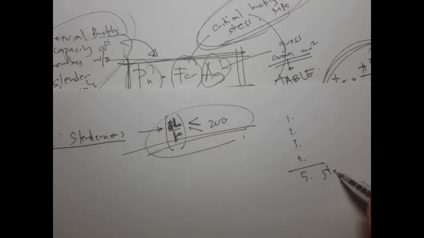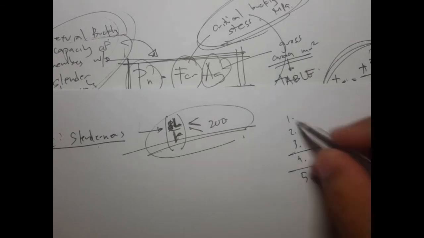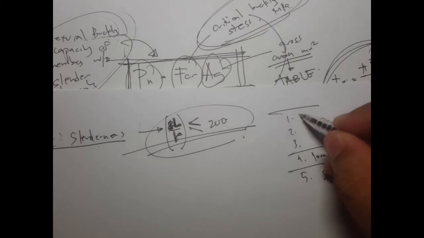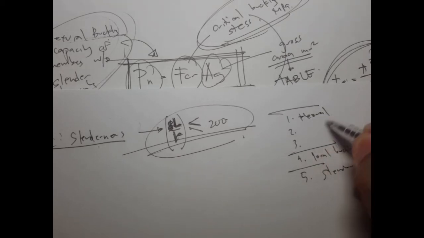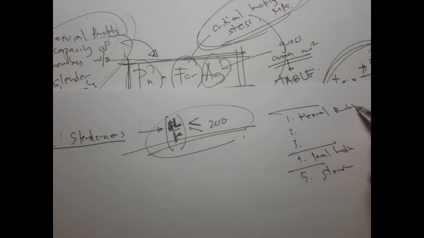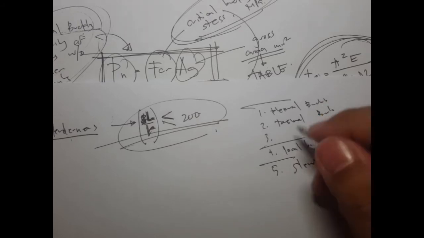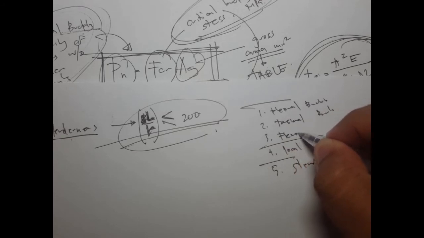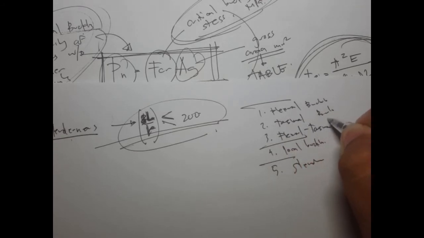This one is slenderness, this one is local buckling, then flexural buckling and torsional buckling, and the last one, flexural torsional buckling.